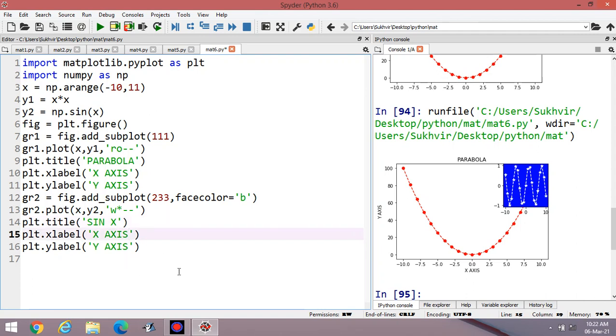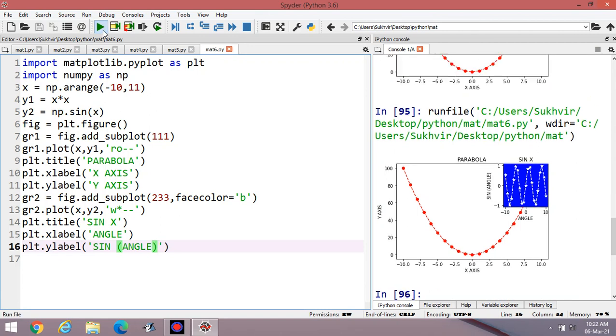In place of x axis and y axis, suppose I am writing angle, and then I am writing sine of that particular angle. Now execute the program. You can see all the contents. This one is parabola and this one is sin x and this one is angle and this one is sine of the angle.